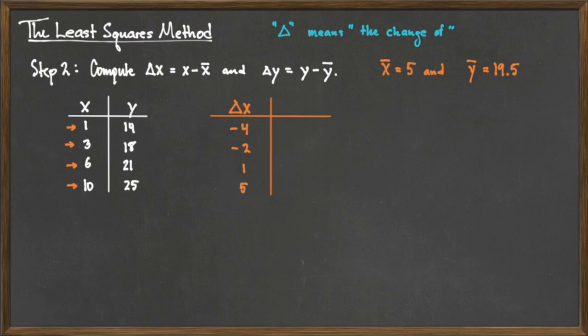In a similar way, I'll compute my delta y value. I'm going to run through all of my y coordinates and subtract y bar. This is going to give me -5.5, -1.5, 1.5, and 5.5. Applied problems like this typically are going to reveal a lot of non-integer values, and that's okay. It doesn't mean that we've done anything wrong.